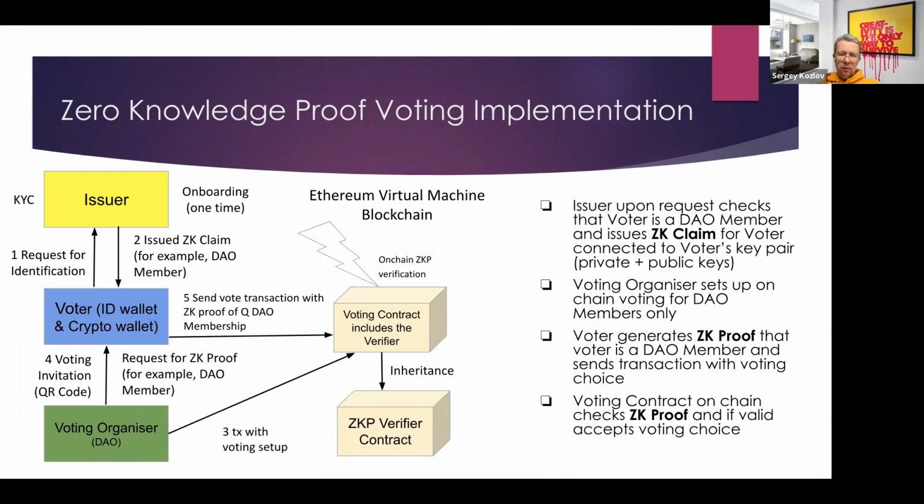And the contract, without anyone else getting this information, receiving it in the transaction from us, will check this proof as a verifier and have the information that yes, for example, we are a DAO member, and if we are a DAO member, then this contract accepts our vote.